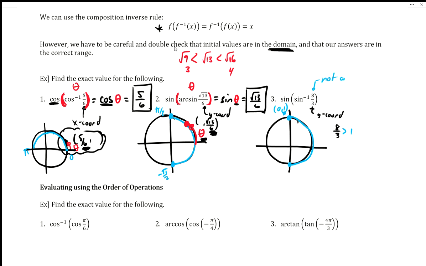So we can't do this problem. This part is undefined. All of that I'm bolding in red is undefined. So sine of an undefined would stay undefined.